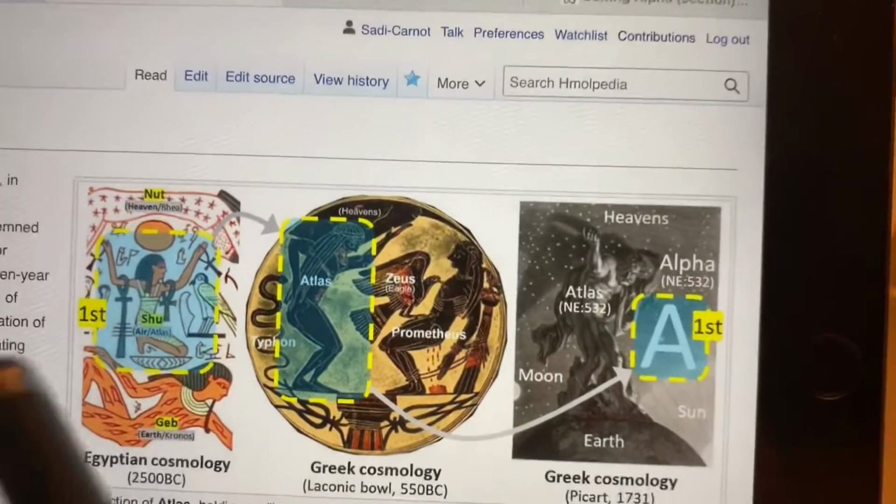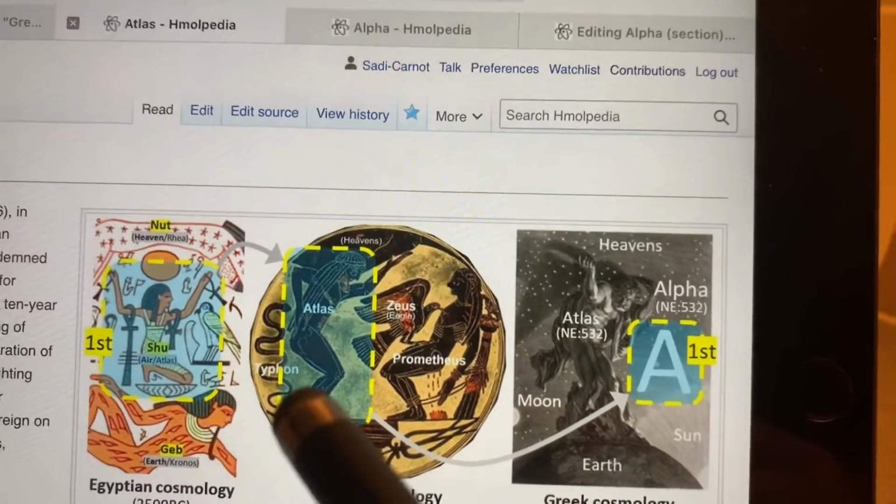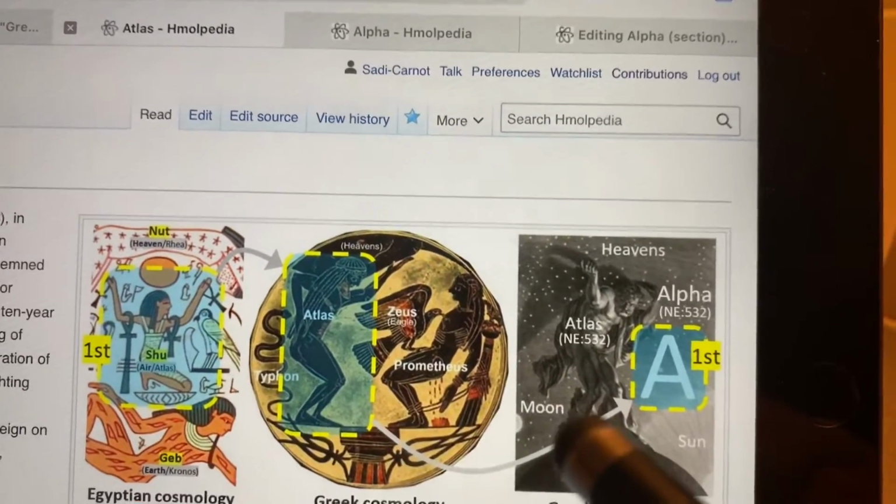So whereas Shu is holding up Nut, in Greek mythology this becomes Atlas holding up the heavens.